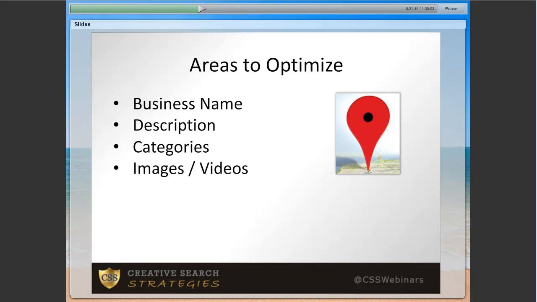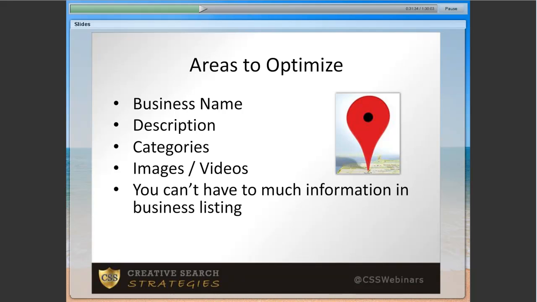And so you're trying to optimize everywhere you can to maximize those keywords that you've decided upon right at the very beginning, which is why we said you've got to do that research on the prime keywords that you're trying to target. And the bottom line is you can't have too much information in the business listing.